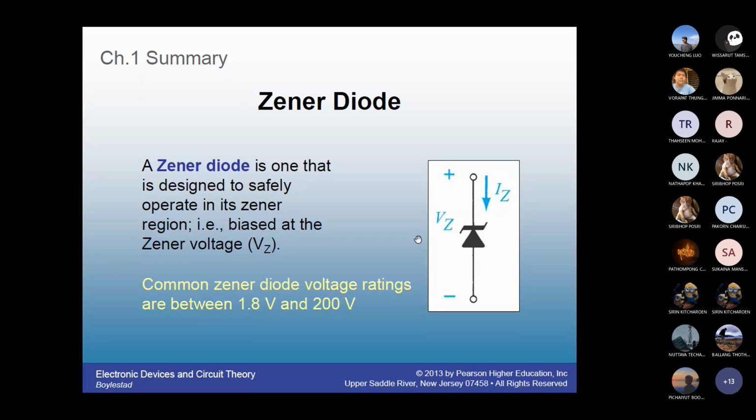If you want to buy a 12 volt or 20 volt Zener diode, it's up to you. It depends on your need. What do you need in the circuit? The voltage is fixed, that's why it is regulated. It's also known as a voltage regulator. Typically, you can find in the market Zener voltage ratings between 1.8 and 200 volts. You can go up to that high, yes.